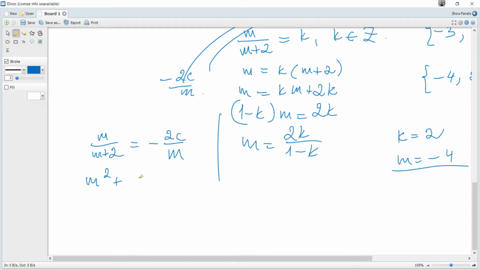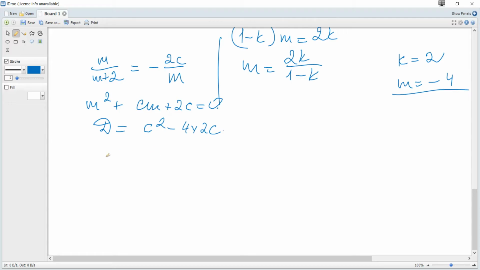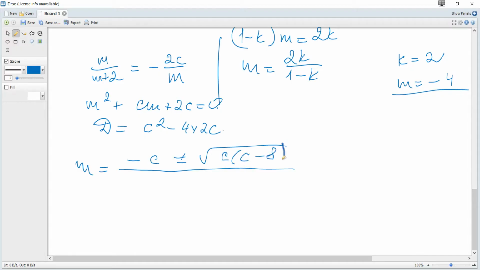I just write an example: m squared plus cm plus 2c is equal to 0, and the discriminant becomes c squared minus 4 times 2c, and if you try to find roots, m is (-c plus or minus root c squared minus 8c) over 2. And again, since m must be an integer, definitely this must be such a value that the square root can be taken.